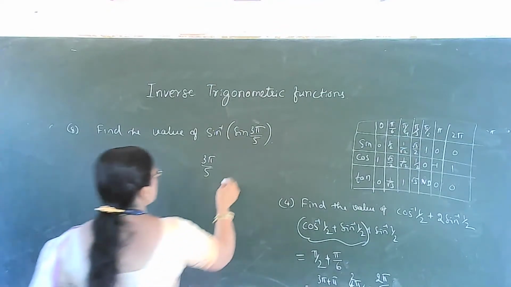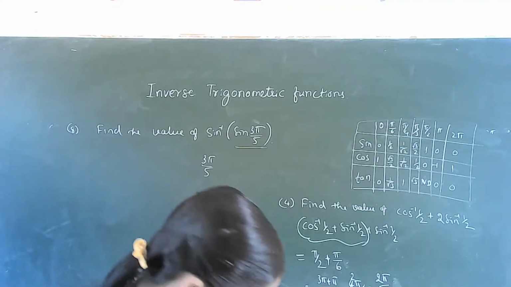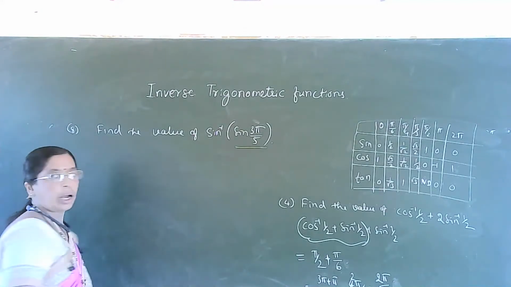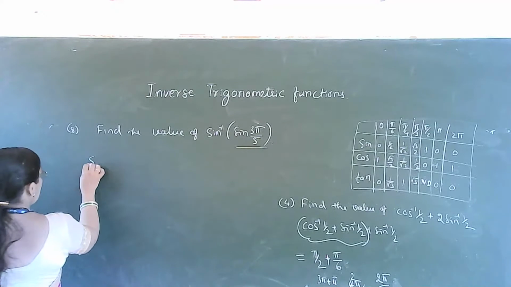Because you should write sine 3 pi by 5 in the form 180 plus theta or 180 minus theta.